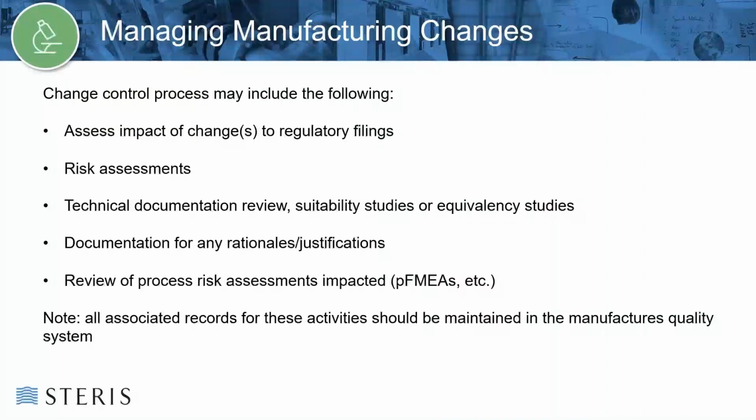Often an area that is useful in historical context is documentation of decisions with any rationale or justification. Review of any process risks, risk assessments, such as process FMEAs, that might be impacted by the proposed change should also be documented and updated if necessary. Note, all associated records for these activities should be maintained in the manufacturer's quality system.